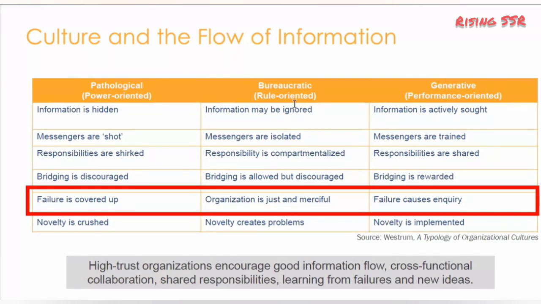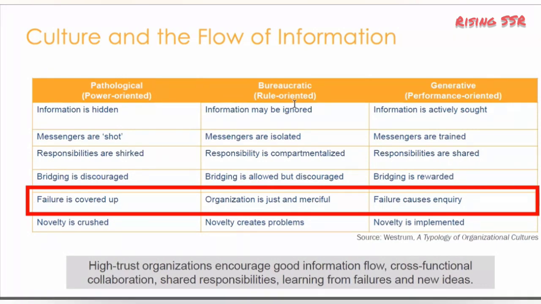And if there are any failures, then most of the time or always it is covered up, right? Because people are afraid that if they announce the failures to their bosses or managers, then they will be fired or there will be severe penalty. So that kind of power oriented organization is called pathological.